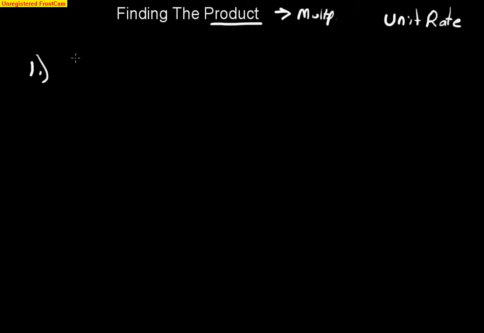We have 8 hours, and we want to find the product, or multiply that by the unit rate, $9 for 1 hour. If you're finding the product of 8 hours times $9 per hour, what that's really saying is that whatever we're counting costs us $9 an hour, and we just want to know what it's going to cost us if we use that service for 8 hours.